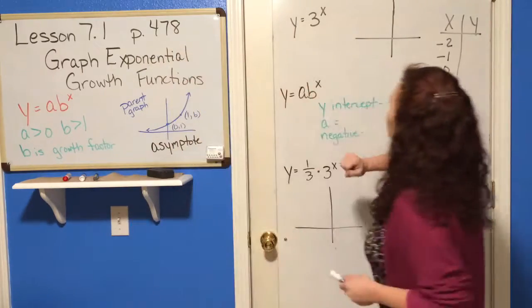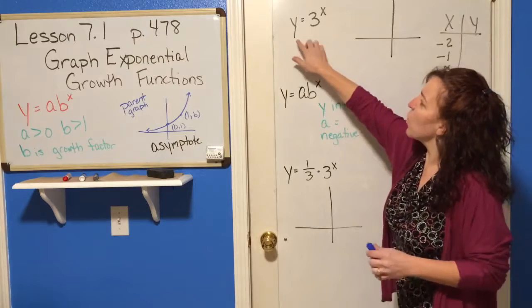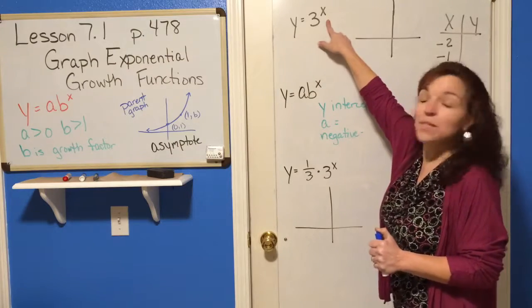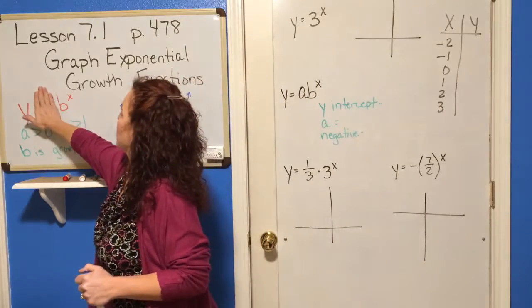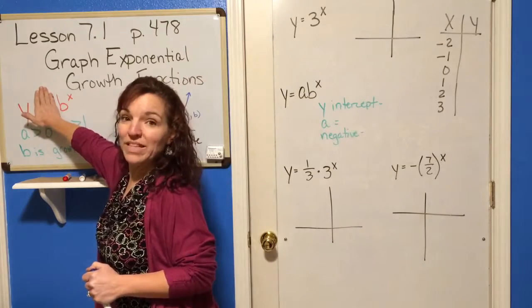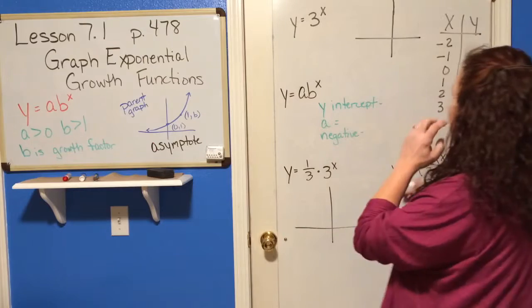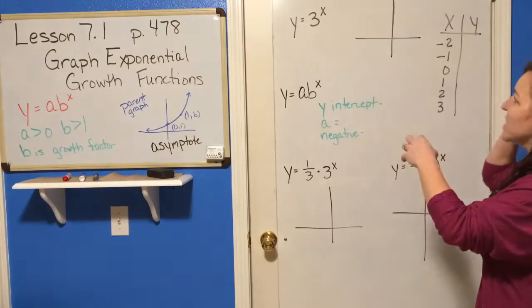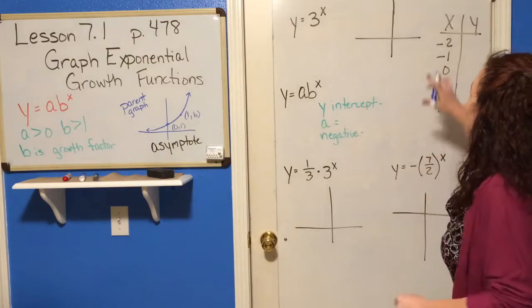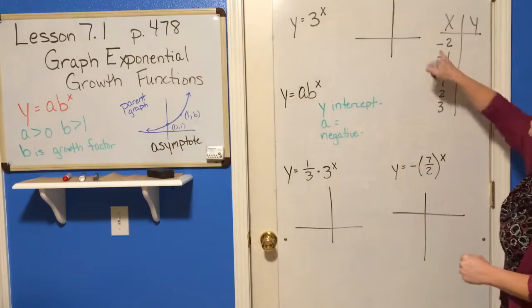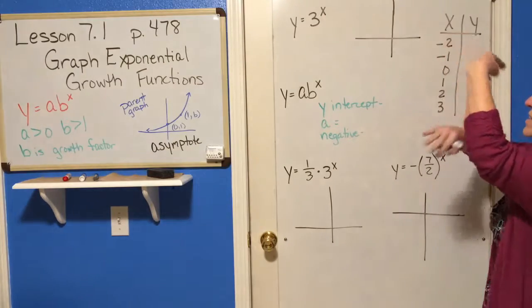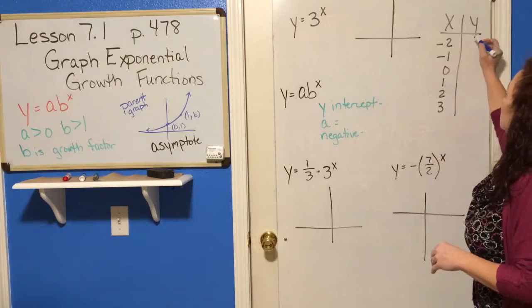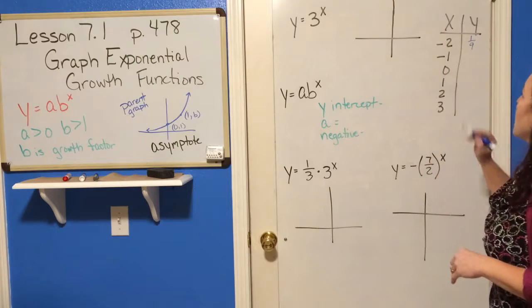Let's do some. So first, let's look at y equals 3 to the x power, which is the very simplest form of y equals b to the x power. And just for the sake of seeing where this shape comes from, let's graph several points. If you take 3 to the negative 2 power, remember that's going to flip it down, so it's 1 over 9.